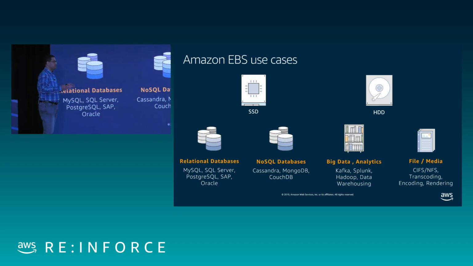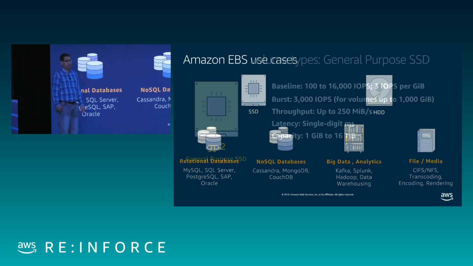Across the spectrum of storage, we cover a wide gamut of use cases, all the way from relational databases, NoSQL databases, big data streaming workloads, file and media workloads, really a lot of variety of use cases that can use the right kind of storage. And that, I think, is the core value that customers see across local instance storage and EBS.